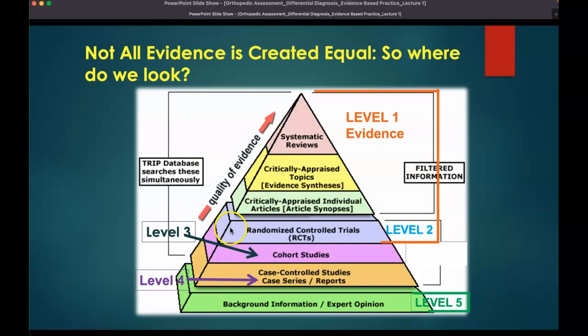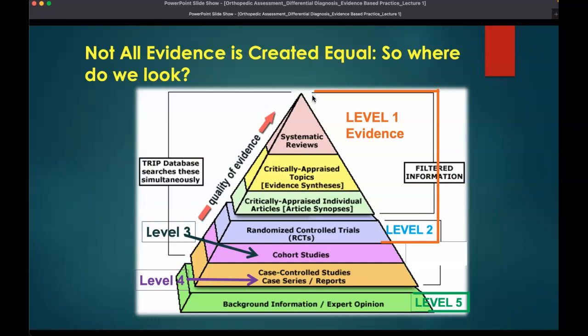But the cohort studies and randomized control trials, obviously systematic reviews are the gold standard of gold standards, but the reality is we don't have a systematic review for every single pathology that exists. So using any research in this area to drive your clinical treatment of a patient makes you an even better evidence-based practitioner.